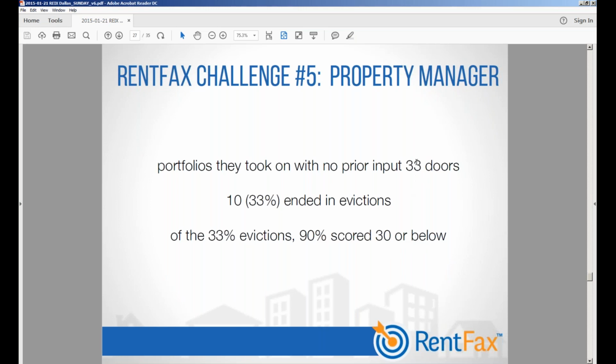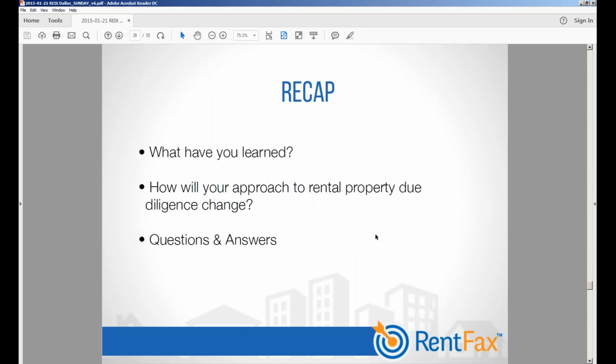So a third of this inherited portfolio went into, not foreclosure, went into eviction. When we looked at segmenting that portfolio, let's look at just those 10 that went to eviction. When we scored those 10, 9 of the 10 scored 30 or below.